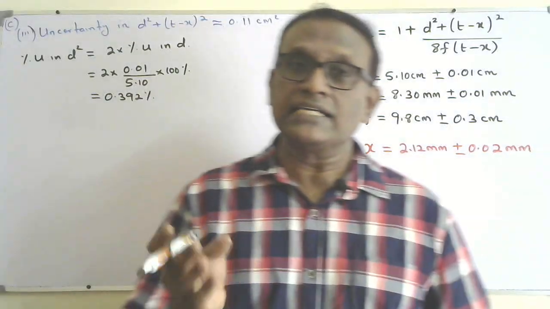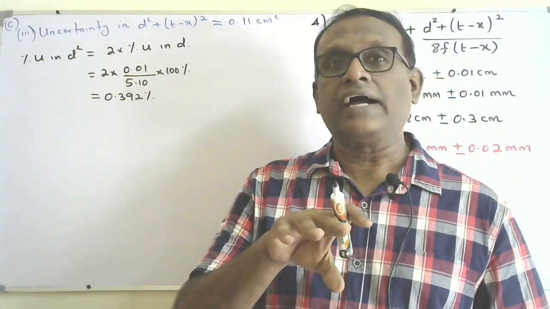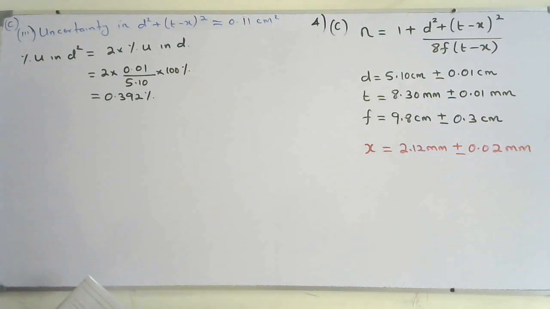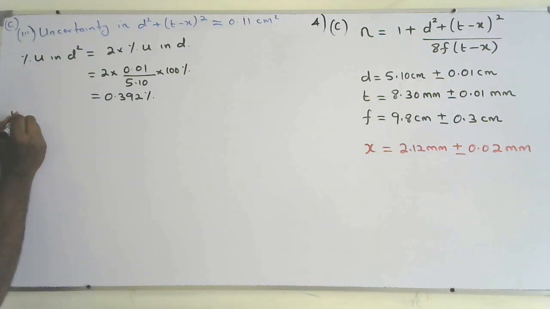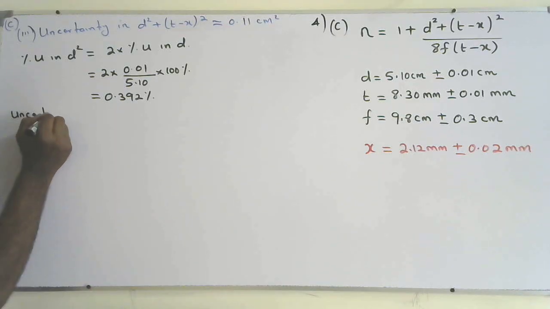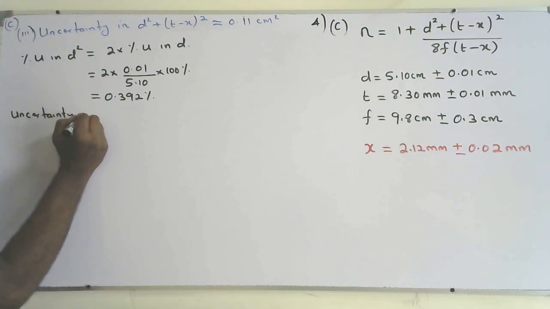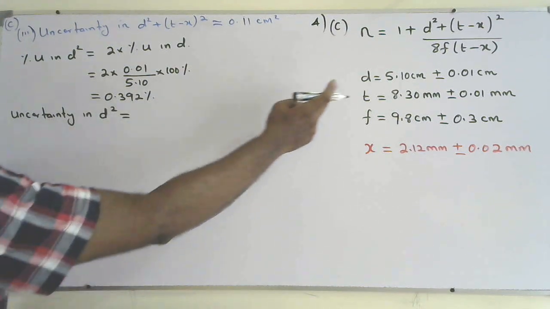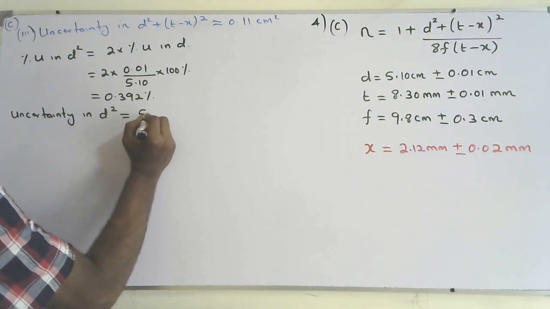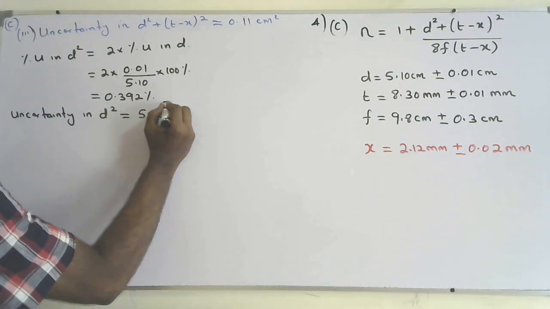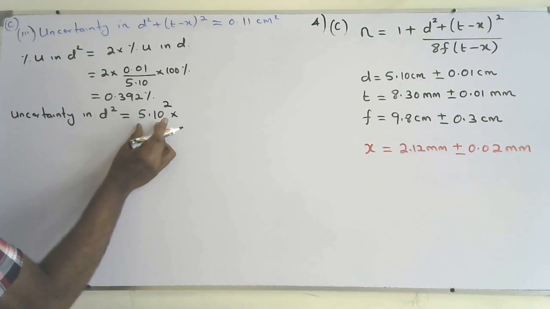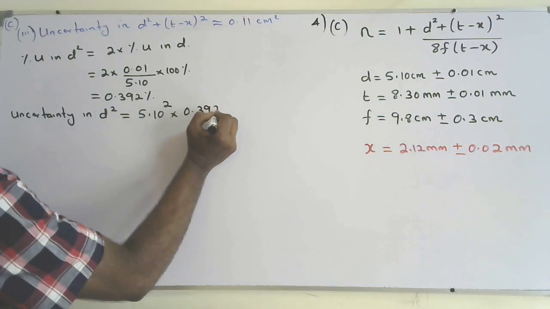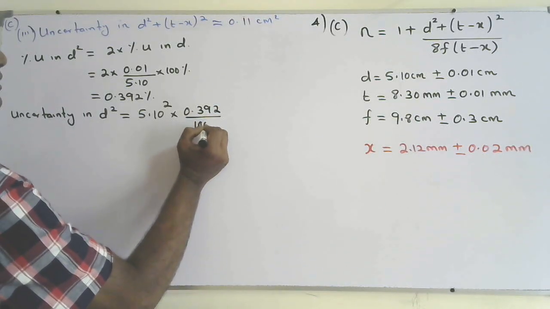So how can I find the uncertainty in d squared? I need to find the value of d squared. So I can say uncertainty in d squared equals value of d squared. d is 5.10, so 5.10 squared, that's the value of d squared, times 0.392 over 100.